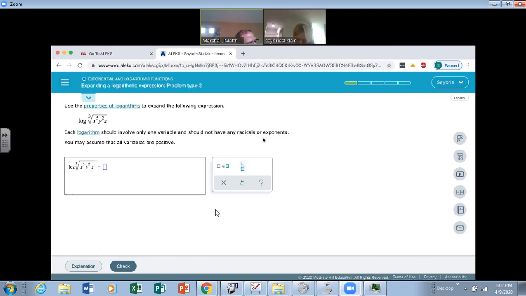So I'm going to send you this picture right here. Because by definition, if it's a square root, that's anything to the 1/2 power. That one has a little 3 out front, so that's the 1/3 power.